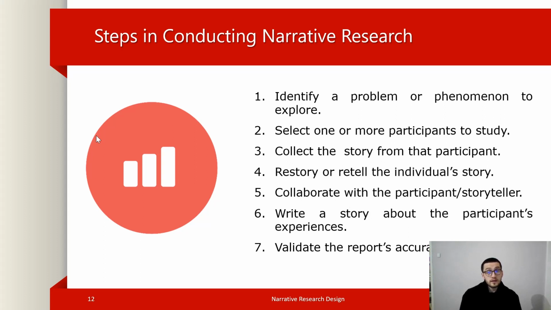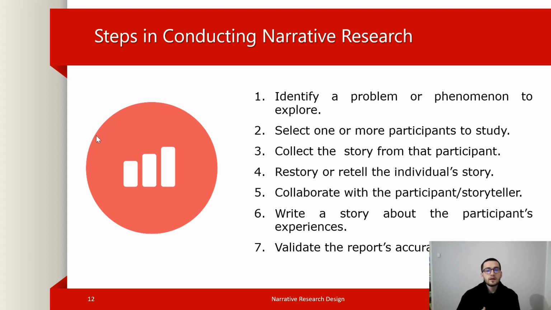The second one is selecting participants to obtain their stories about it, which we can say is a few people regarding one problem. The third one is collecting the story from the participants, as I mentioned, which can be done through interviews, written forms, records, observations. The fourth one is restoring or retelling the individual stories.